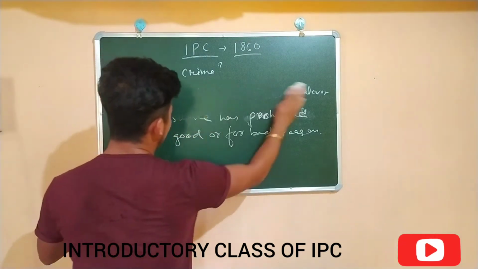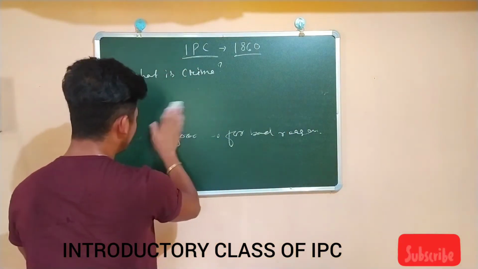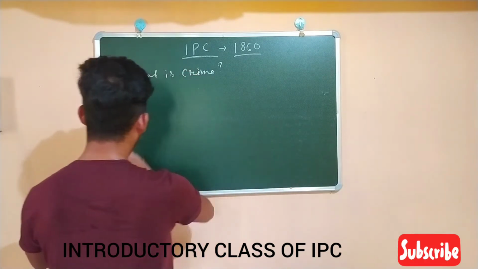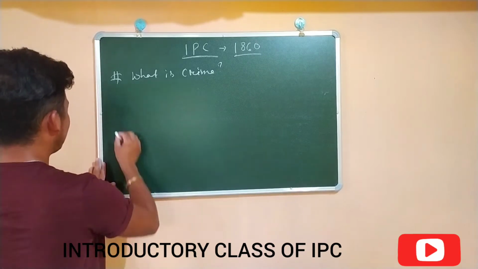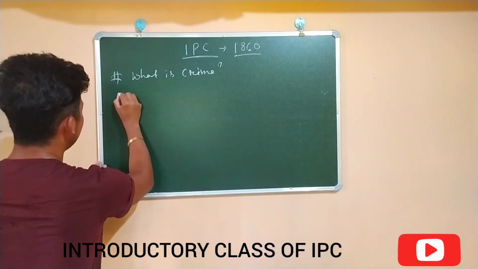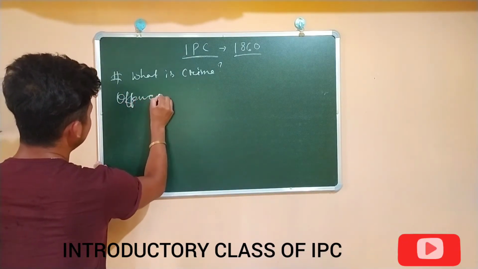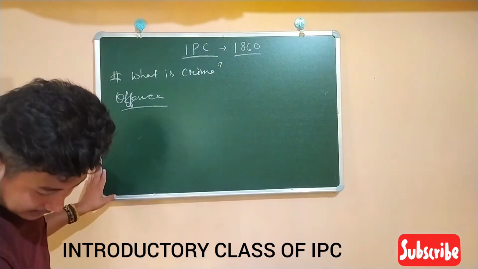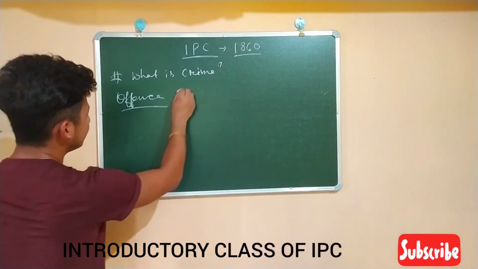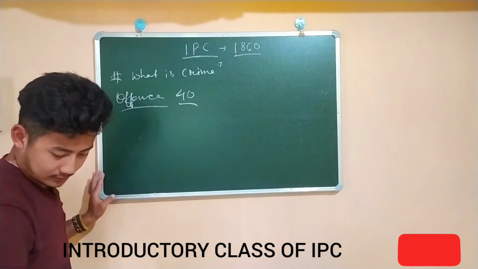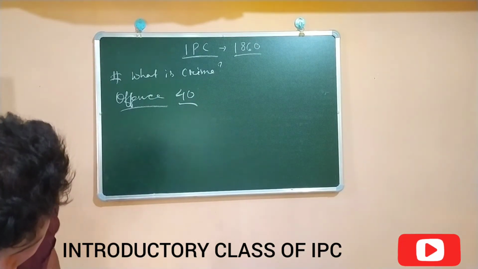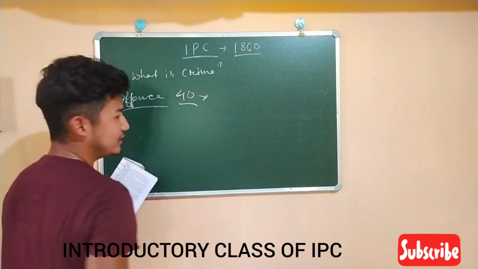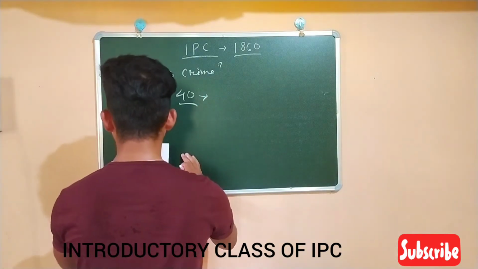But in the IPC we do not find any definition. The IPC does not define the term crime. However, the IPC defines the term offense, under section 40. The definition given under section 40 is very vague and not clear.